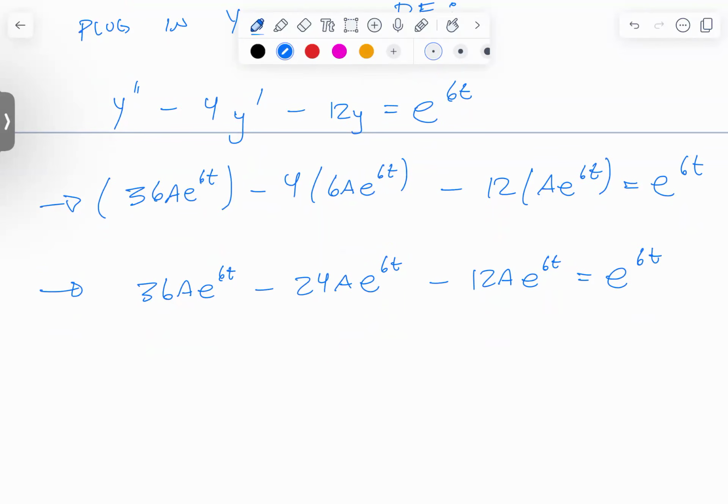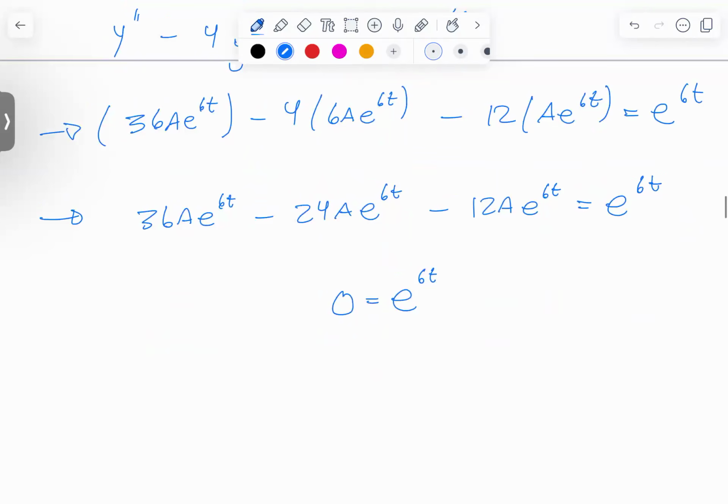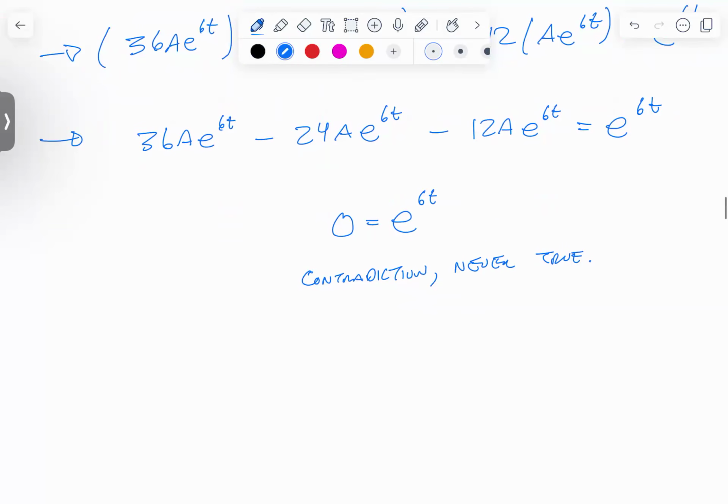It cancels out. Yeah, 0. That can't be true. By definition, this is a contradiction, never true. Which means it seems like we had a bad guess for y_p of t, for our particular solution.